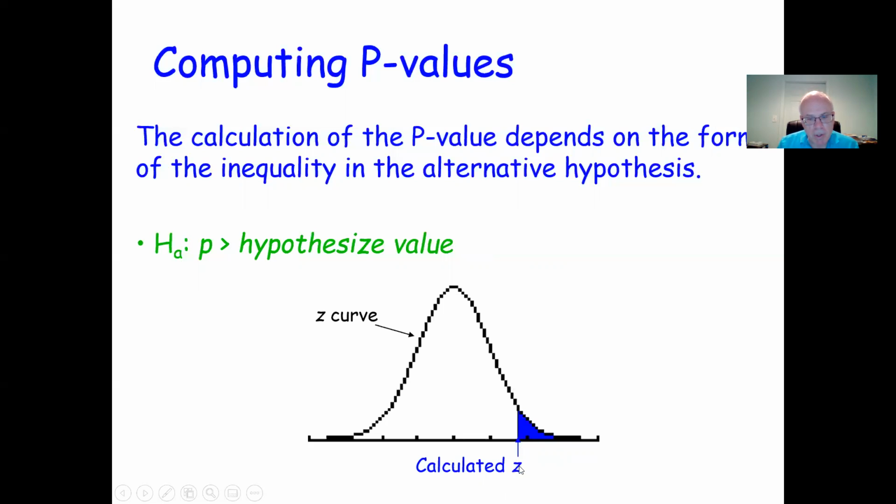In other words, any z values that are at least as big as the z test statistic that we get, we want to find that area, and that area is going to be the p-value. All right. So this is called an upper tail test, because our alternative hypothesis has a greater than symbol in it.